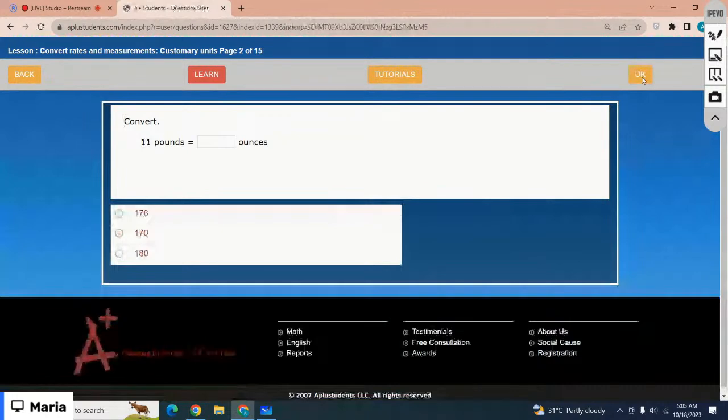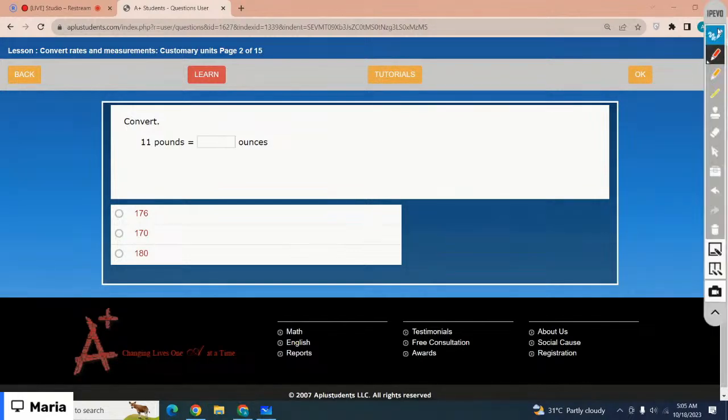11 pounds equal how many ounces? 1 pound equals 16 ounces, right? So 11 pounds equal 11 times 16.